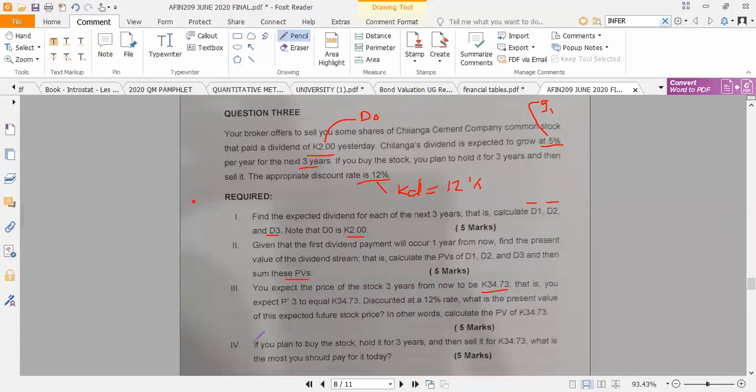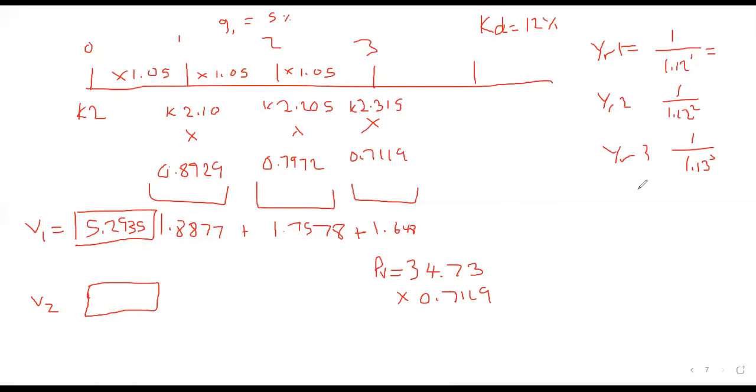What is the present value of this expected future price of stock? We are just discounting this one to the present value. You're multiplying by 1.12 to the power 3, which we found as 0.7119. So just multiply these two. What are you getting?